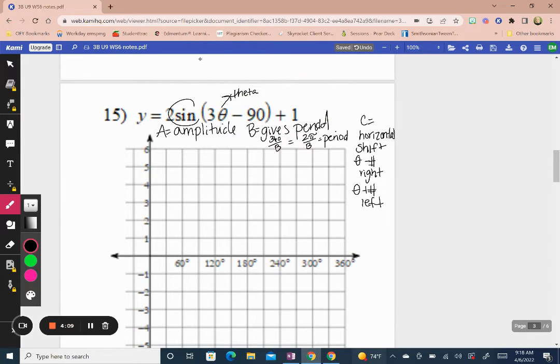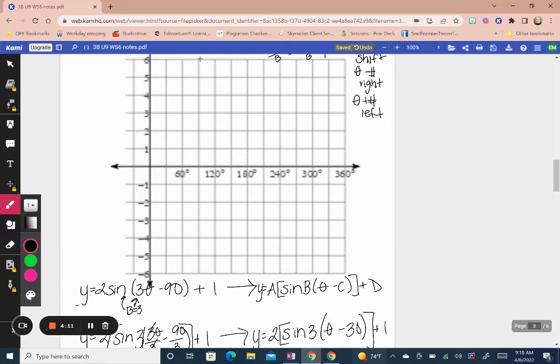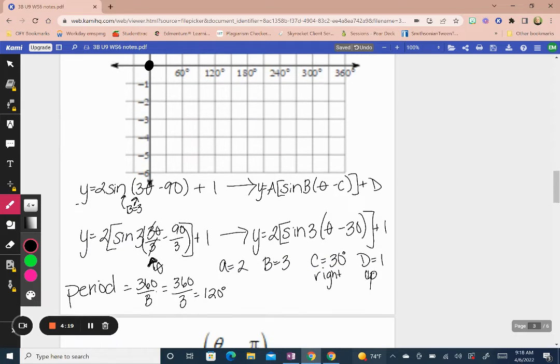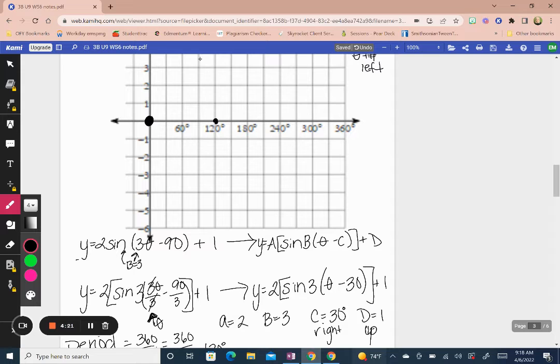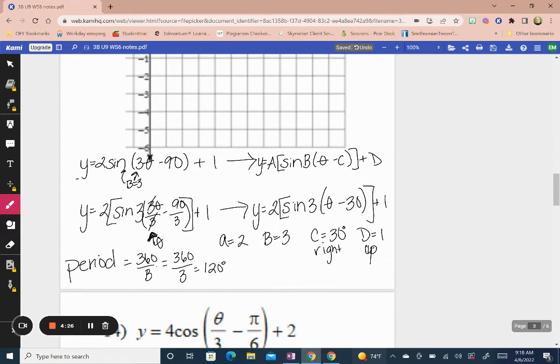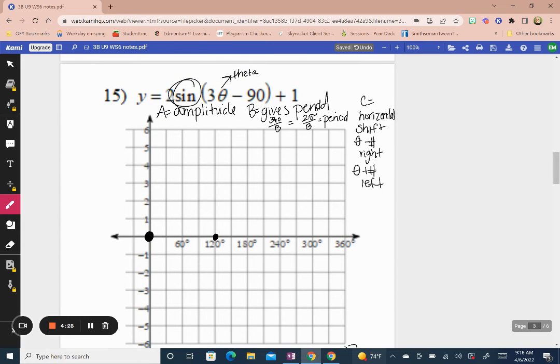And this one is a sine function. Sine starts at 0. Let me do a thicker dot. Sine starts at 0, and it's going to end at 0 on the 120 mark. Okay, so let me erase this top part because we already talked about it.